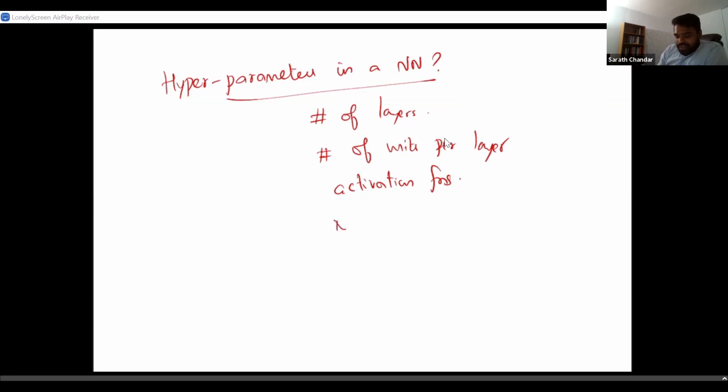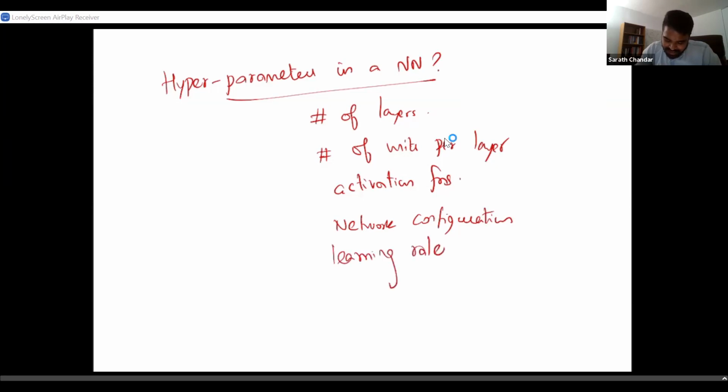Okay, let's just call that network configuration. So far, we are only discussing fully connected layer-wise connected networks, but you could have any type of fancy network connection as you want. Yeah, learning rate for sure is gradient descent, right?